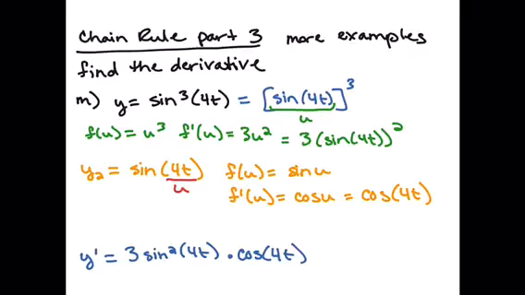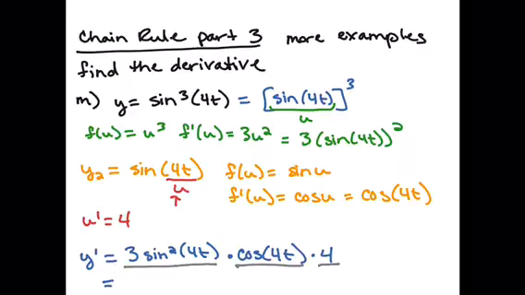And finally, our innermost function is this u here, and its derivative is 4, so we need to multiply our entire answer by a 4. So here I have the derivative of the outermost function, which was something cubed, times the derivative of the next function on the inside, which was sine of 4t, gave me cosine of 4t, times the derivative of the innermost function, which was 4t, gave me 4.